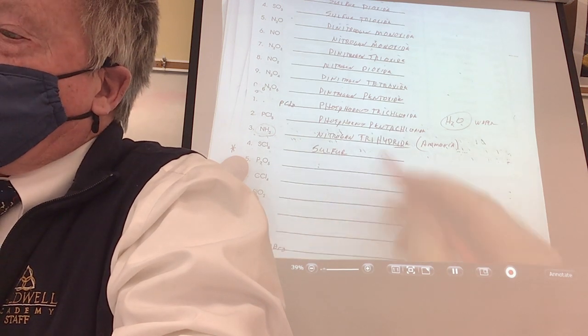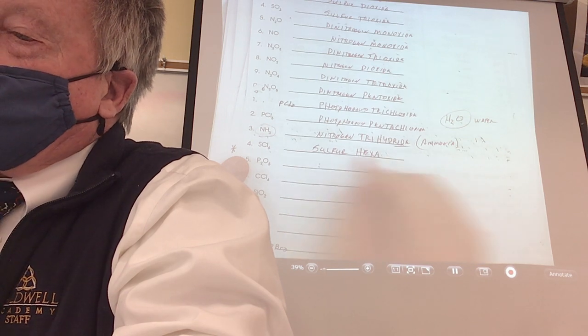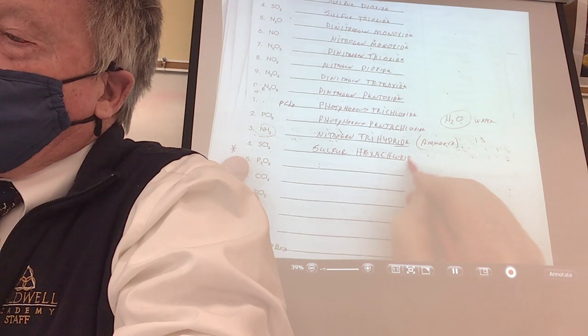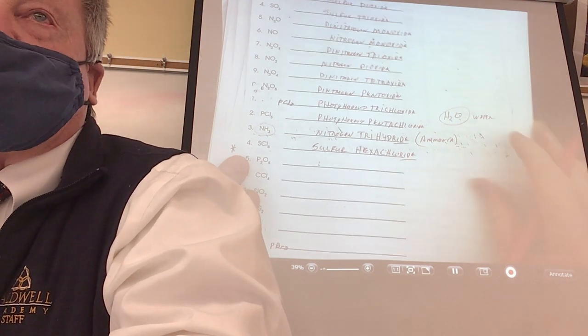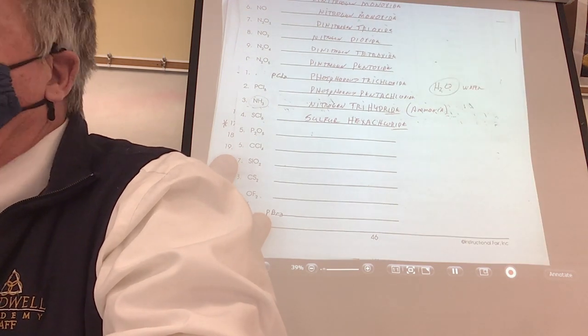It's hex, okay? So here we go. Hexa, that means 6. And then this is chlorine. And all binaries end in IDE, don't they? So look at that one. Sulfur hexachloride.